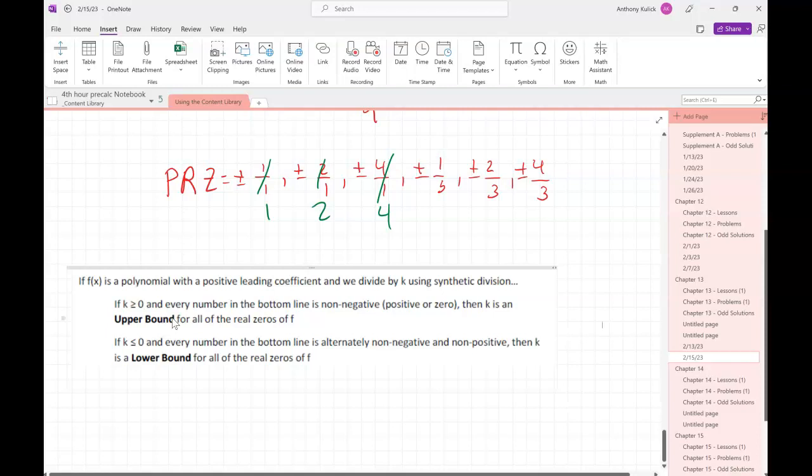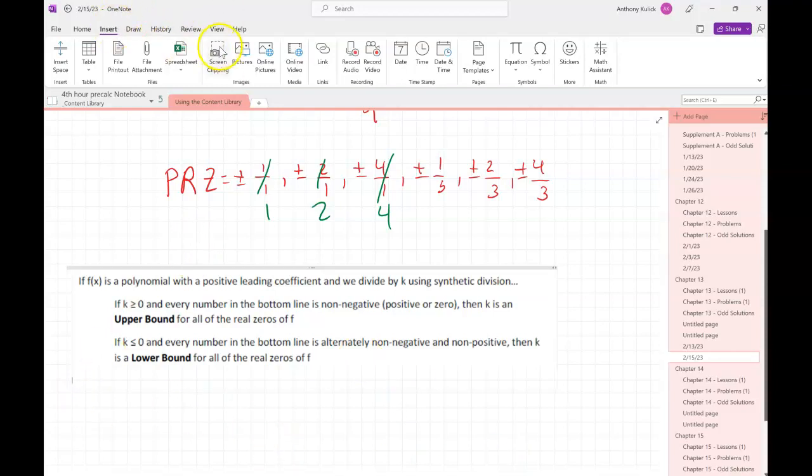Upper bound means all the real zeros would have to be less than or equal to that number. Likewise, if k is non-positive and every number on the bottom line of the synthetic division alternates from non-negative to non-positive, then k is a lower bound for all the real zeros of f. Again, that means all the actual zeros are greater than or equal to that number.